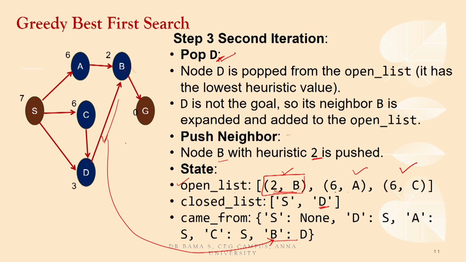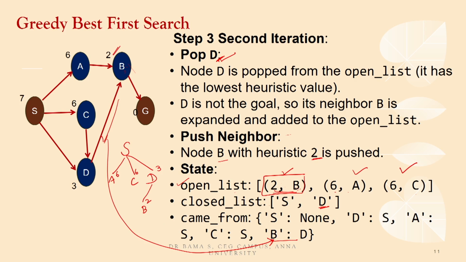And suppose I draw the diagram, initially we have the tree structure as S, A, C and D, with A at the cost of 6, C with the cost of 6 and D with the cost of 3 in the second iteration. After this we had B with 2 as the heuristic value. Now, this is the stage after popping out D.